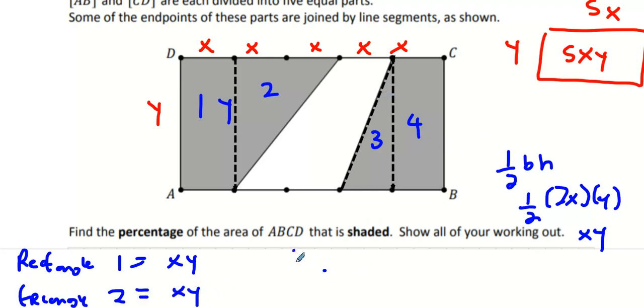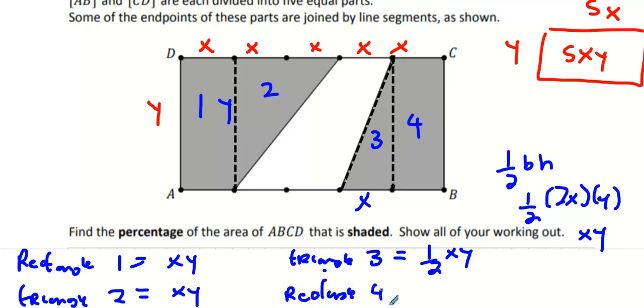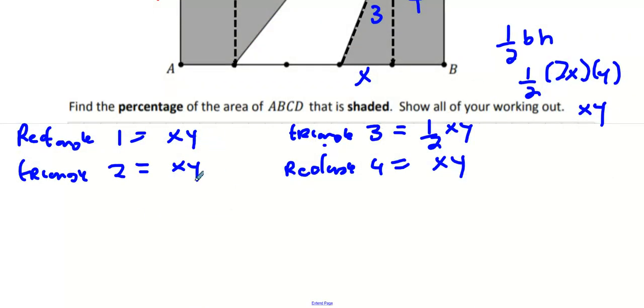Now triangle 3, however, is that little bit smaller. Triangle 3 is x in width, y in height, so it's going to be a half base times height, which is half x times y. And then finally rectangle 4 is once again x times y. Going to add them all up together, and we get xy plus xy plus xy is 3xy, plus half xy.